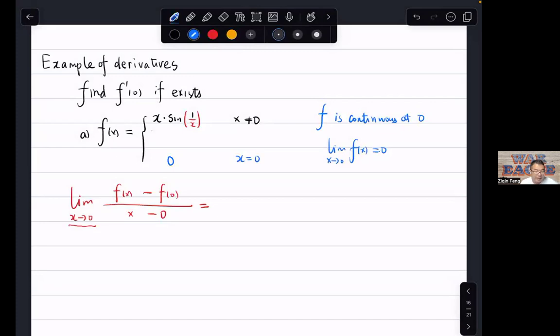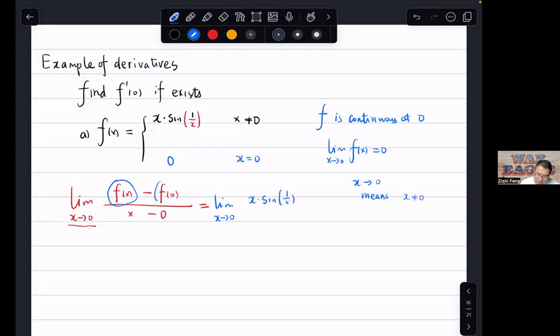So f of x will be x times sine of 1/x. As x goes to 0, x is getting closer to 0, but x never equals 0. So the first term here is x times sine of 1/x.